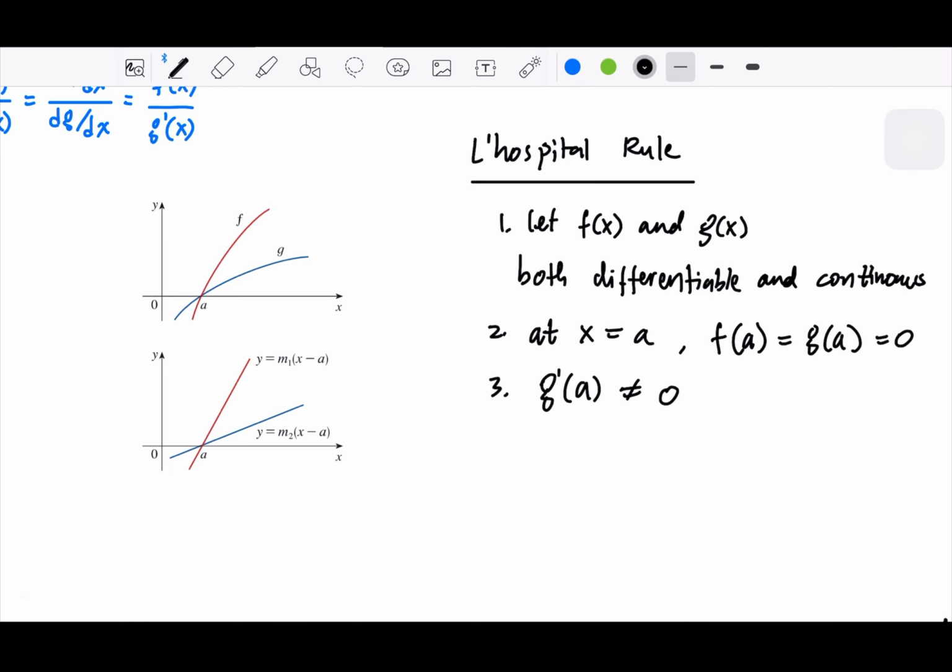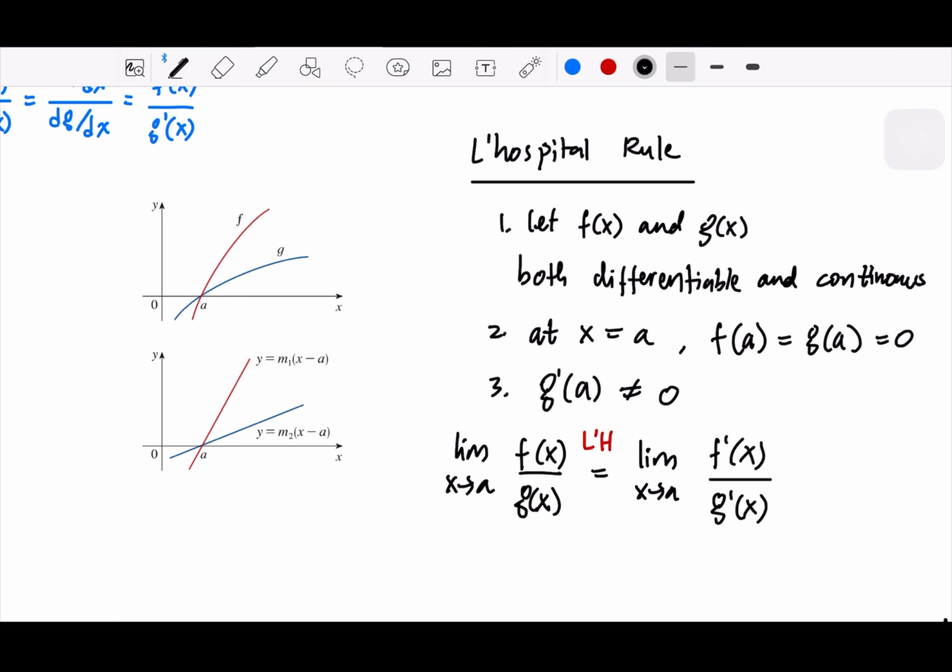So if these three requirements have been fulfilled, we can write the limit, and sometimes in the process, if we write LH like that, it means that we are doing L'Hopital, which means that f becomes f prime, and g becomes g prime.